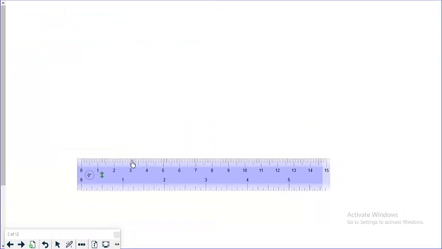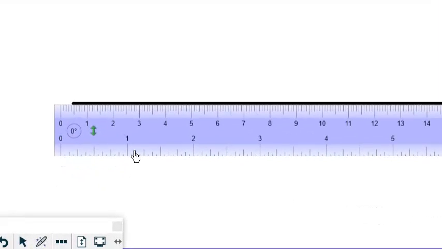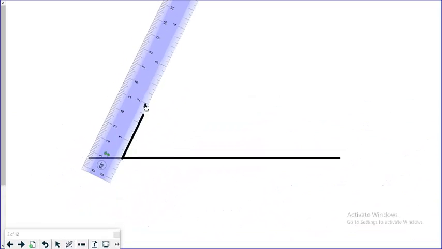Now, take a piece of paper so that we draw our triangle. Let's draw the base of our triangle. Now adjust and draw the other side of the triangle.